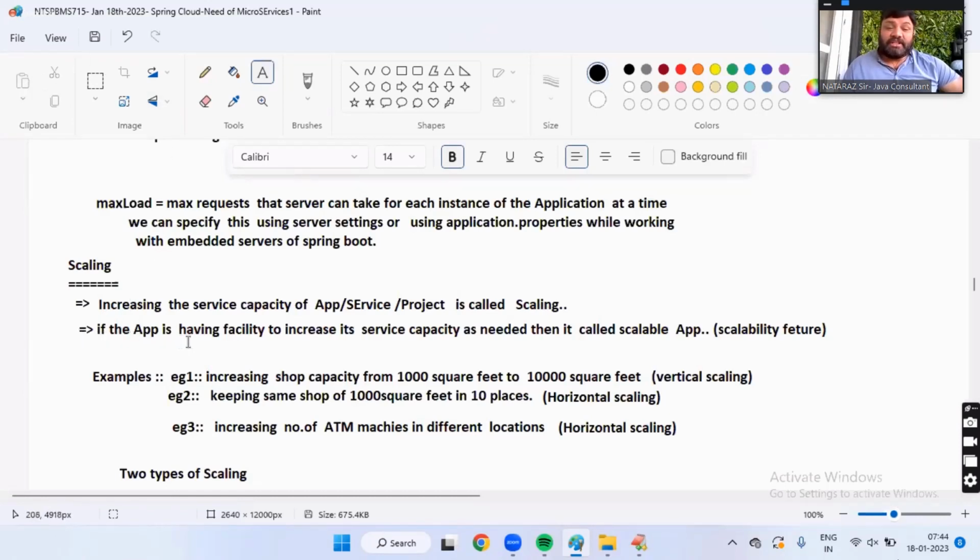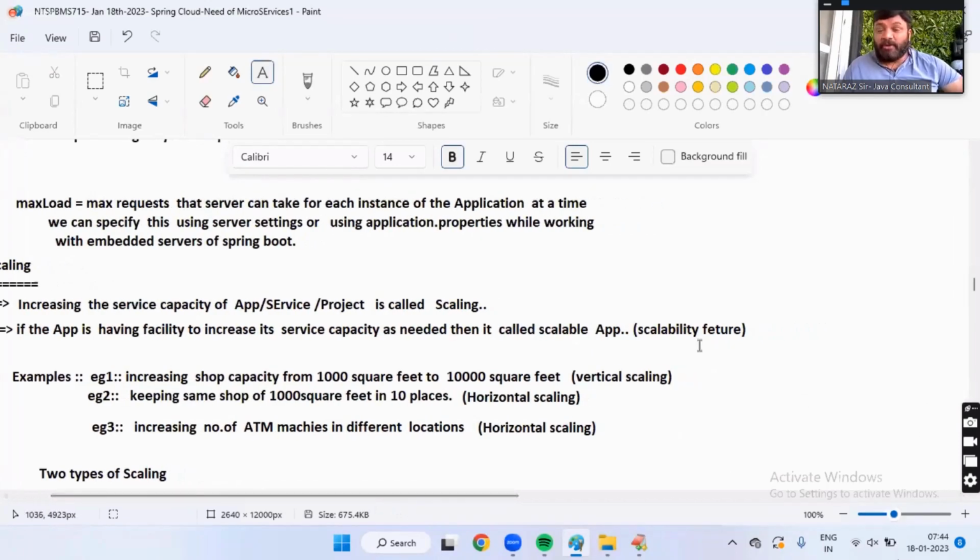If the application has the facility to increase its service capacity as needed, then it is called a scalable application, nothing but the scalability feature. You started a business. There is no question of increasing the business volume: daily 100 customers, 100 meals.